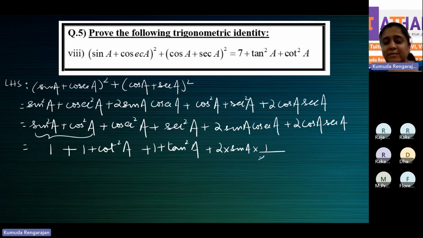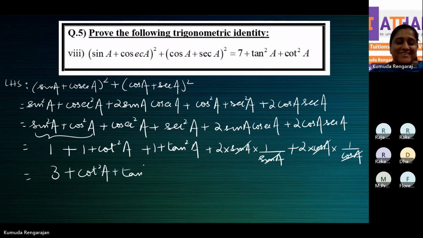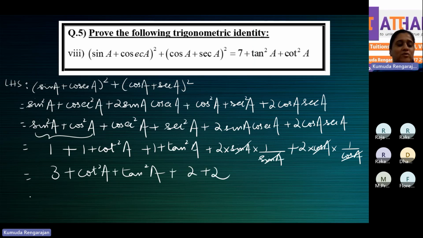So cosecant A can be replaced by 1 by sine A. Plus 2 into cos A into 1 by cos A. Okay, 1 plus 1 plus 1 is 3. 3 plus cot square A plus 2 plus 2. So finally it is 7 plus tan square A plus cot square A.